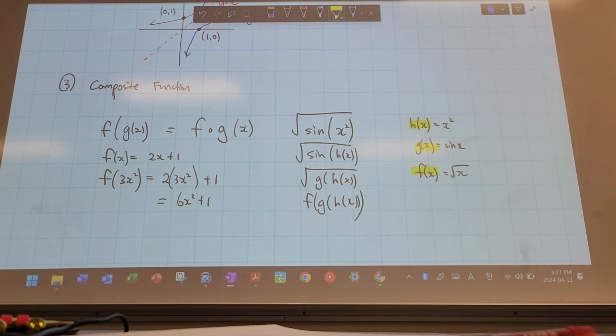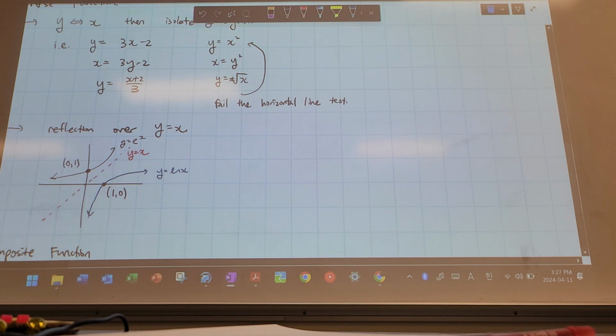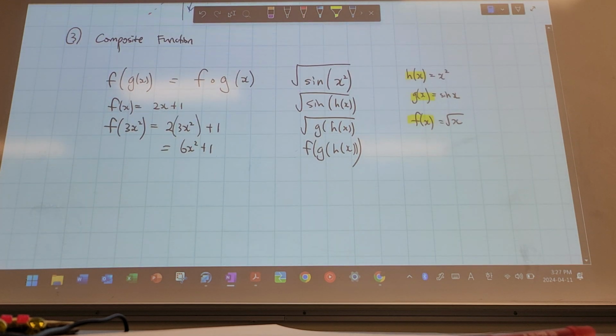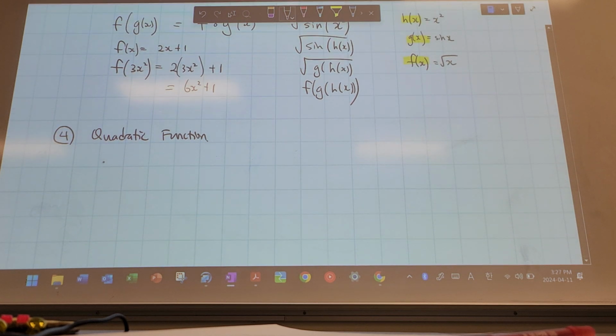It's a pretty straightforward topic, although a lot of people struggle, but we're all grade 12, so it's fine. Okay, let's move on. Number 4 is the fun part, quadratic function. Quadratic function has some characteristics. First and foremost, just like the equation of a straight line, we have 3 different representations.